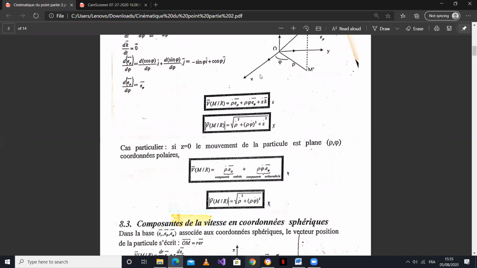But in the coordonnées polaires, we do not have the vertical plane. We are just in the horizontal plane because z is equal to 0. That's the rule of the coordonnées polaires. C'est la règle. Z égale à 0. So the z point k will be equal to 0. So we'll just be left with rho point e rho plus rho phi point e phi. Okay? Clear?